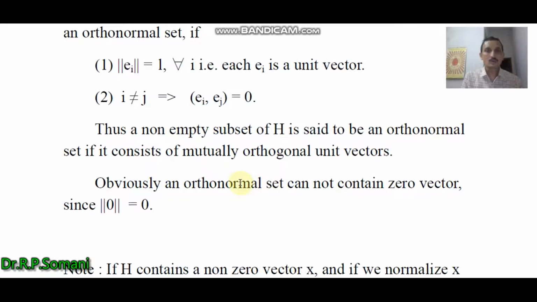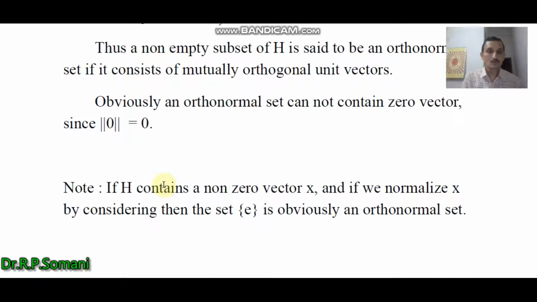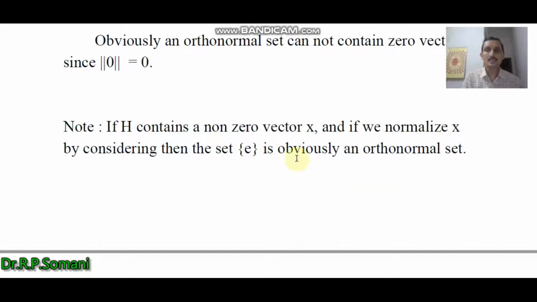Obviously, an orthonormal set cannot contain the zero vector because the norm of the zero vector is 0. So note that if H contains a non-zero vector x and if we normalize x by considering e equal to x upon norm x, then the set {e} is obviously an orthonormal set.